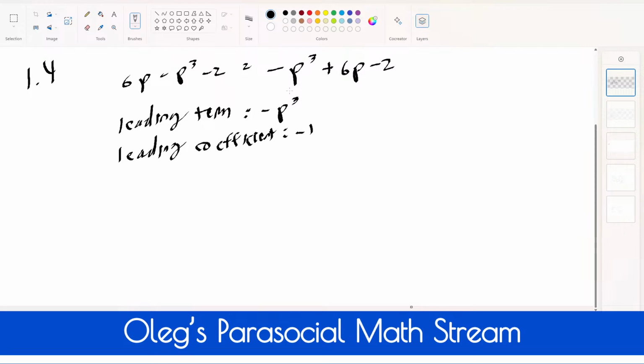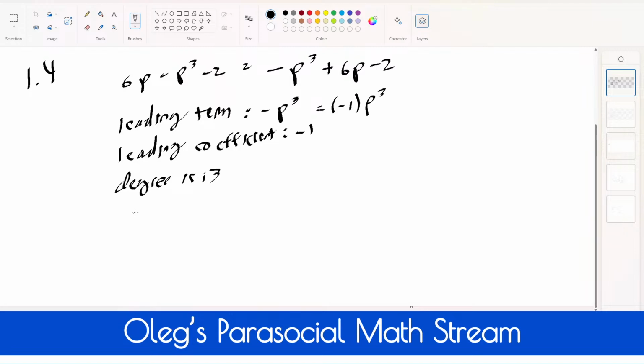So the negative p is also negative 1 times p to the 3rd power. That's fine, same thing. And then we're going to have our, what is the question? Let's see, the power, so degree. Degree is 3. Okay. Yep. All right, so that's good.